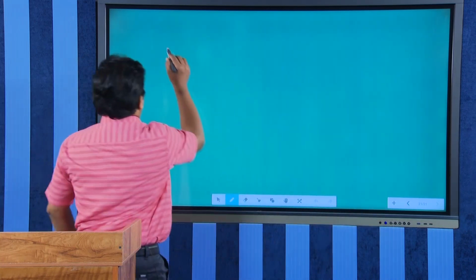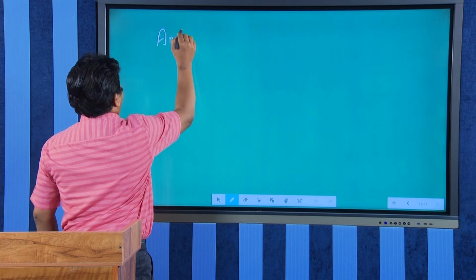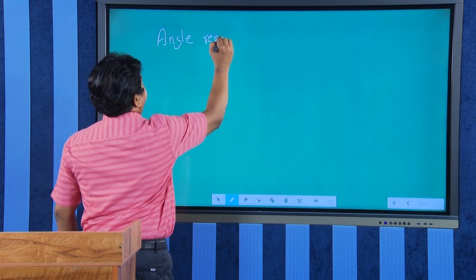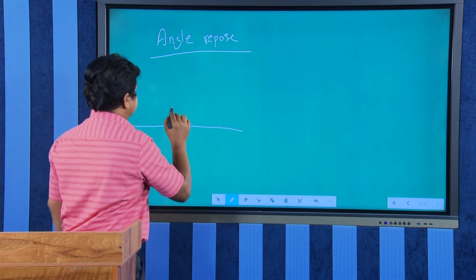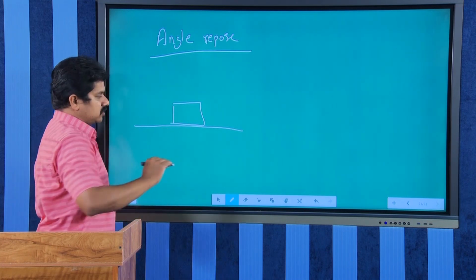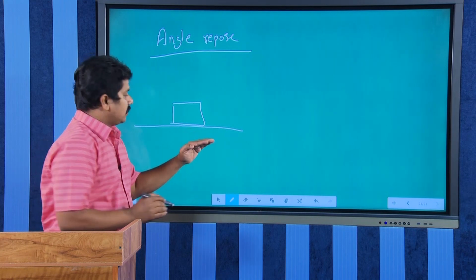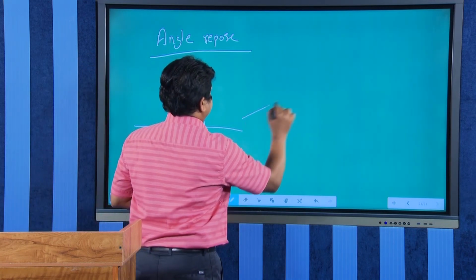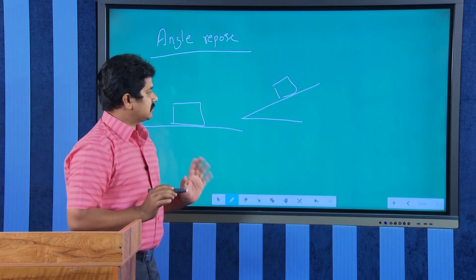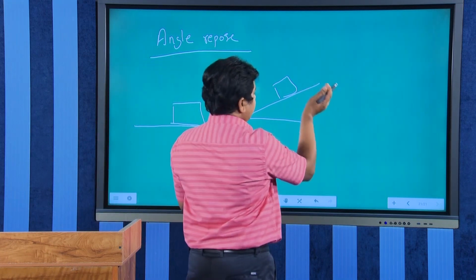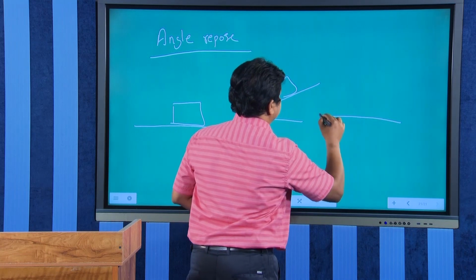One more point I will add here. Angle of repose. When a block is placed on a horizontal table, it will stay there, right. If you slightly increase the inclination, again the block can rest on it, but if you keep increasing the inclination, what will happen?